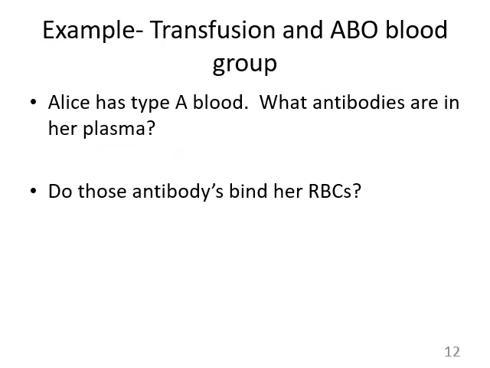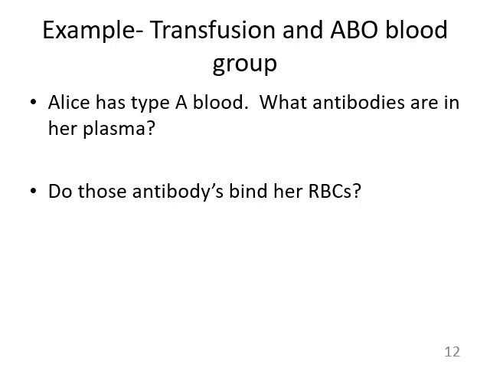Let's think about a transfusion, because where these antigens and antibodies become important is for a transfusion. In a transfusion, we are giving someone red blood cells from another person.